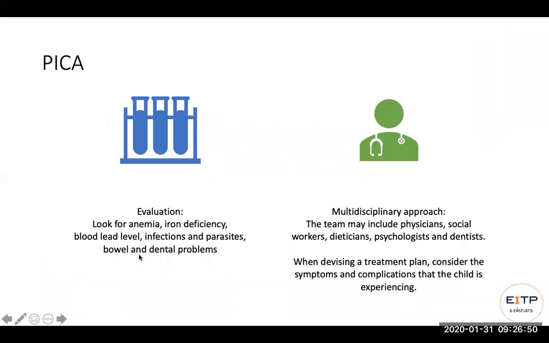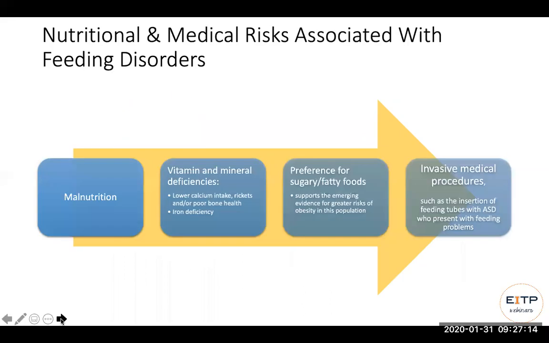When a kid has pica, look for anemia, iron deficiency, blood lead levels, infections and parasites, and bowel and dental problems. And this requires a multidisciplinary approach with physicians, social workers, dietitians, psychologists, and occupational therapists. Everybody needs to be part of the team to treat this complex condition.